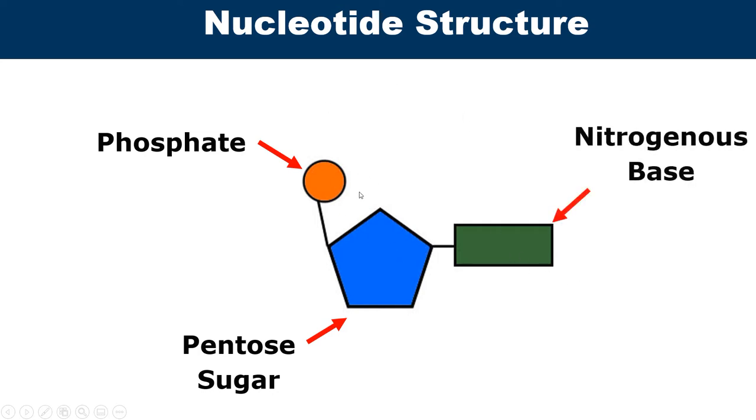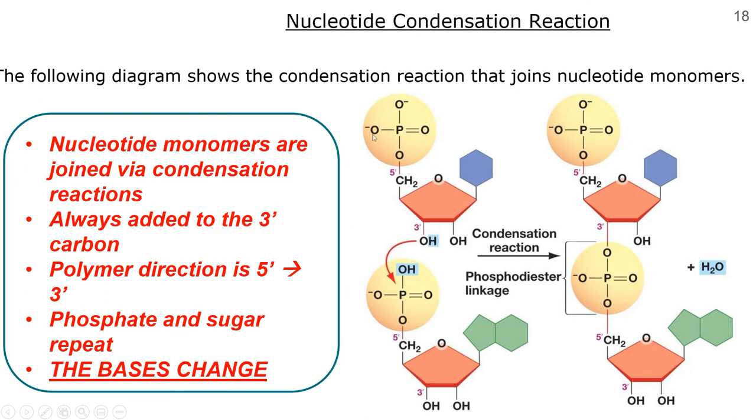So this is how we draw it for DP purposes, with the phosphate as a circle connected to a pentose sugar, and again just the square for the nitrogenous base. You don't have to do anything more complicated than that. So again, nucleic acids are just polymers of nucleotides. So this whole thing is a nucleotide, and it can be joined to another nucleotide. Again, these are condensation reactions, so when they join, you produce that water molecule.